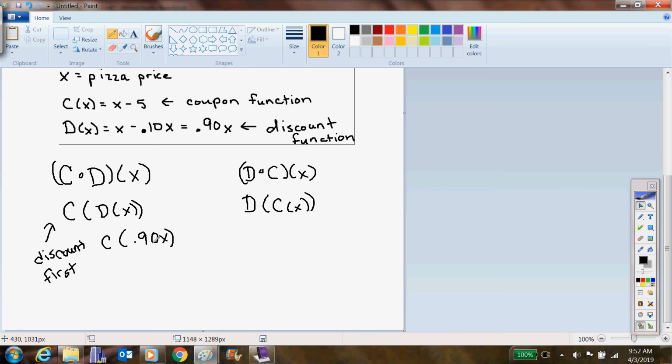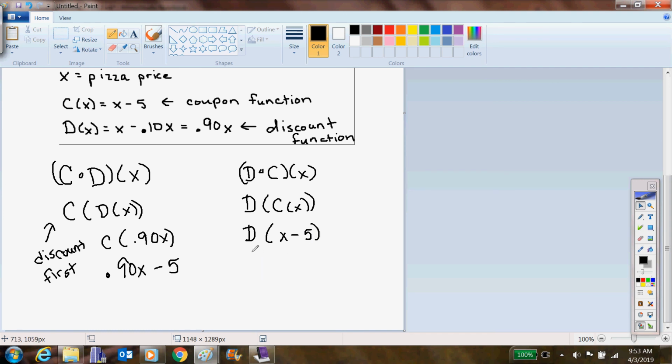So C of 0.90x, because this applies discount first, becomes 0.90x minus 5. So 90% of the pizza minus $5. If you apply this one first, okay, so D of C of X, this is D of X minus 5.